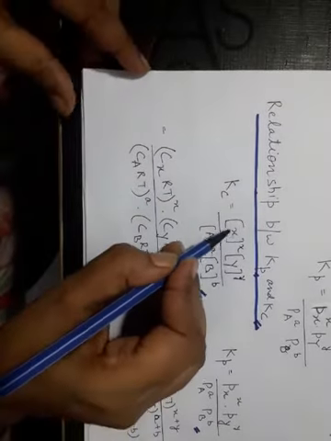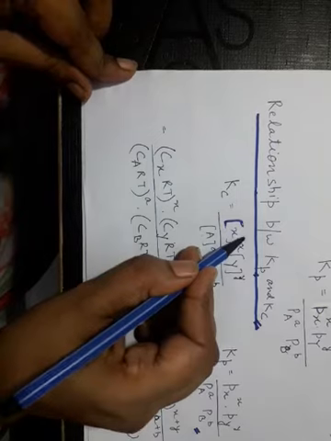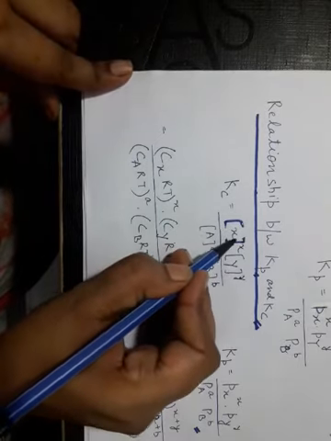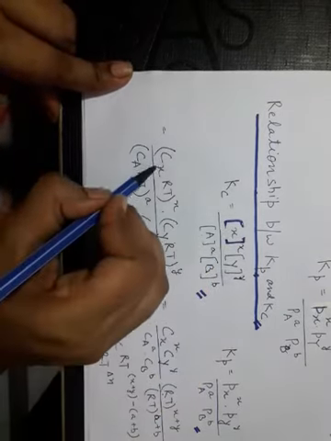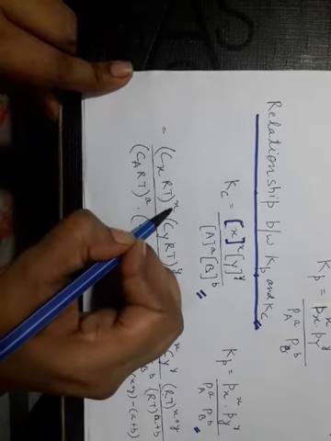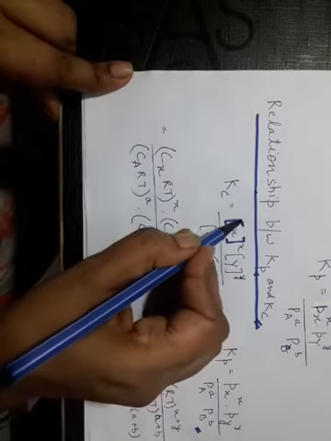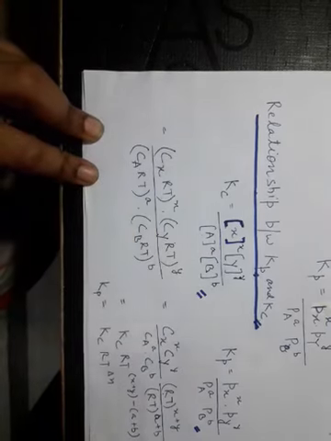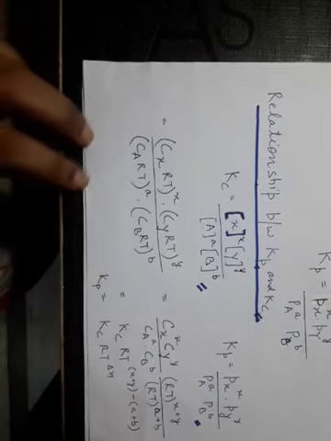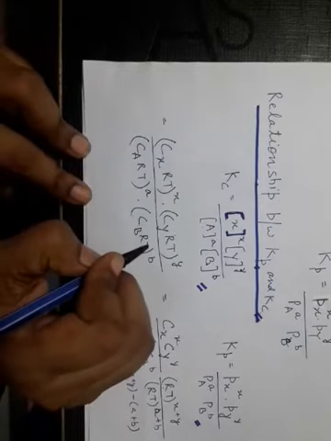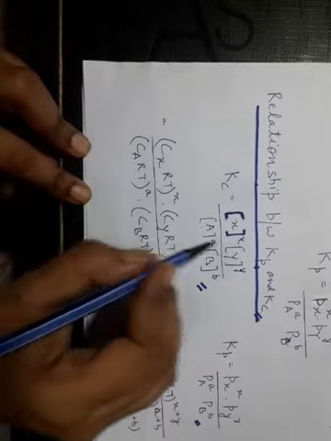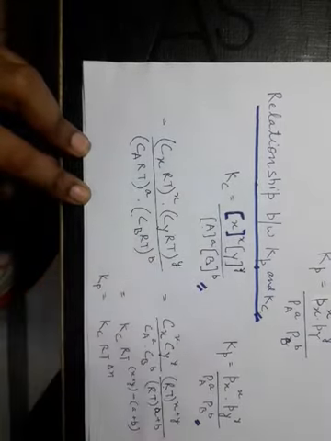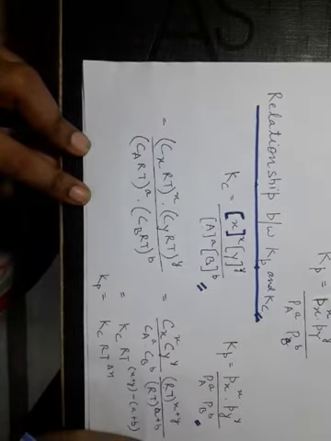See here, the bracket is the concentration of X, so we can place Cx RT to the power x. In place of this concentration, we are using the term C as we have studied in the ideal gas equation. So place the values, replacing the square brackets in each component.